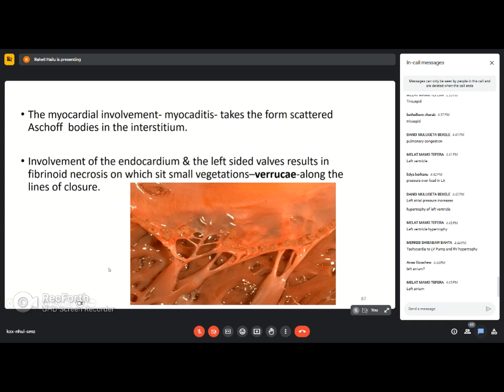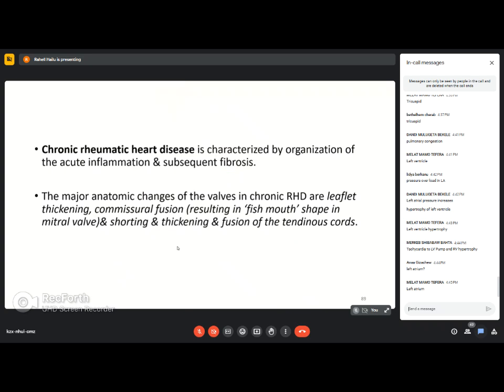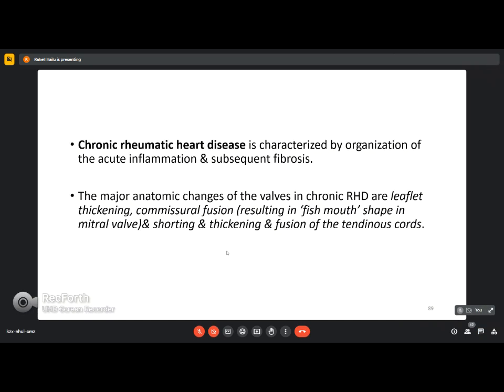They cause stenotic lesions later on because they scar and stick to each other. Or if there is a lot of scarring and tissue loss, the valves fail to close completely, so they cause insufficiency. So these are responsible for the valvular heart lesions. So chronic rheumatic heart disease is characterized by the organization of acute inflammation and also subsequent fibrosis, and you will see the valvular lesions.